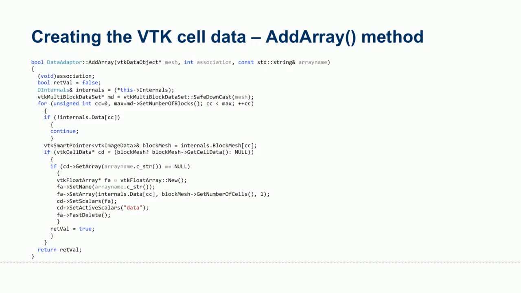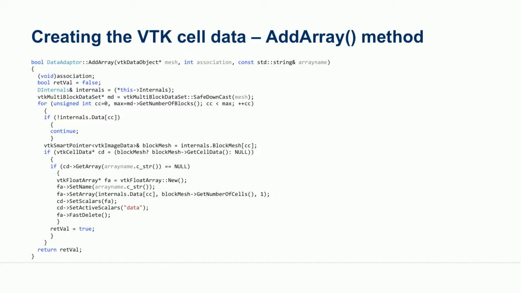Now here, this is something you're going to have to do because you're passed in the mesh object as a VTK data object. This is, if you remember from yesterday, the class hierarchy we showed, one of the base, very low-level classes. We're going to have to downcast that into a specific data set type. And this VTK multi-block safe downcast is kind of a wrapper around casting for historical reasons in VTK.